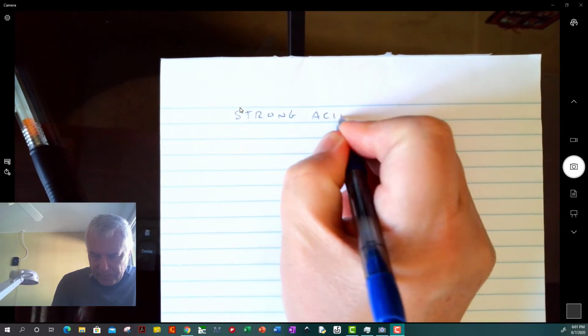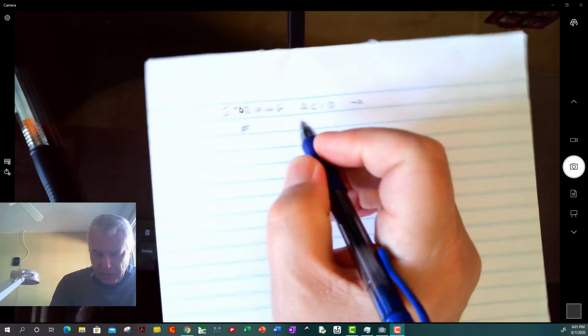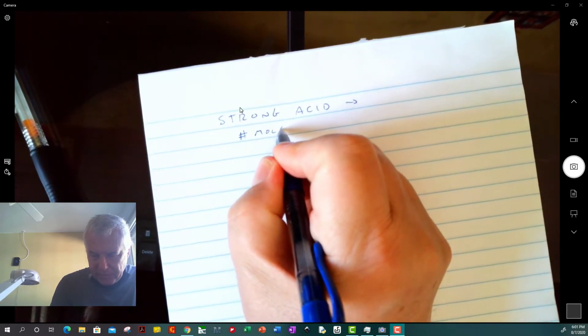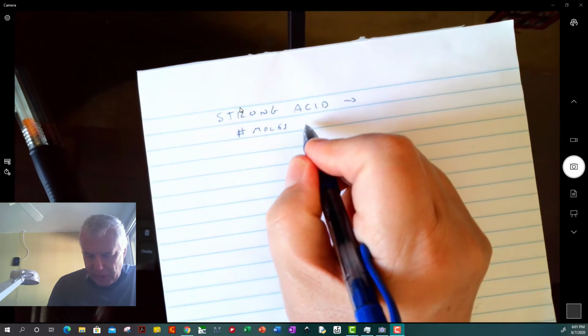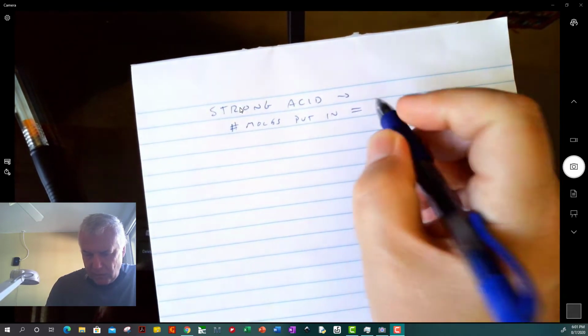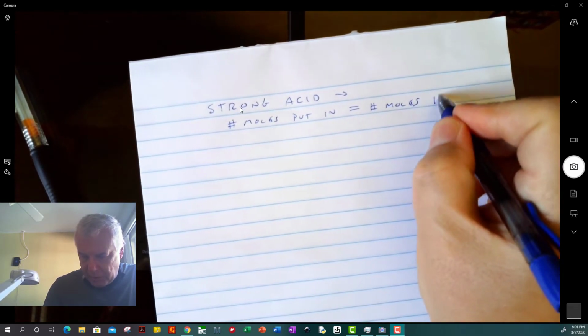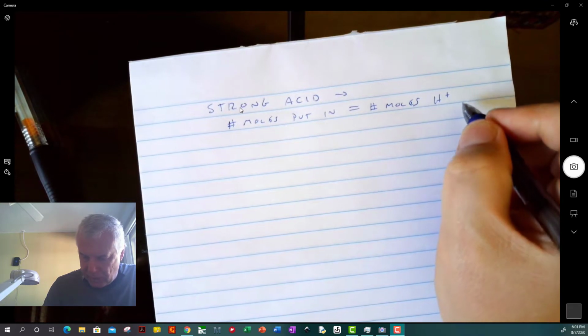Strong acid means that the number of moles of acid that you put in is equal to the number of moles of H+ in the solution.